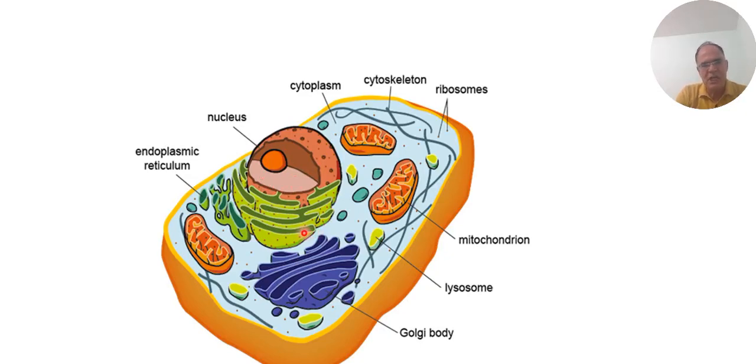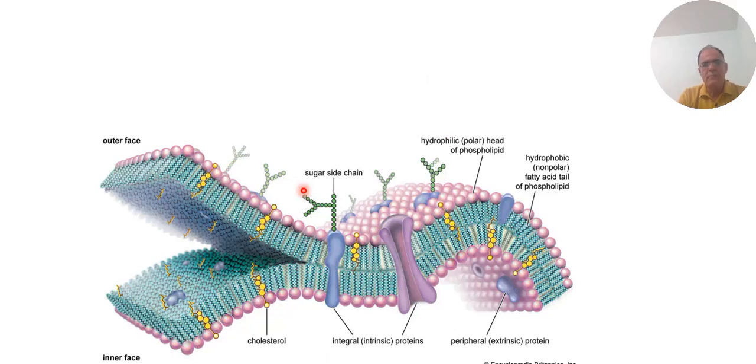For example, the shape and function of the cell are controlled or regulated by genetic material.